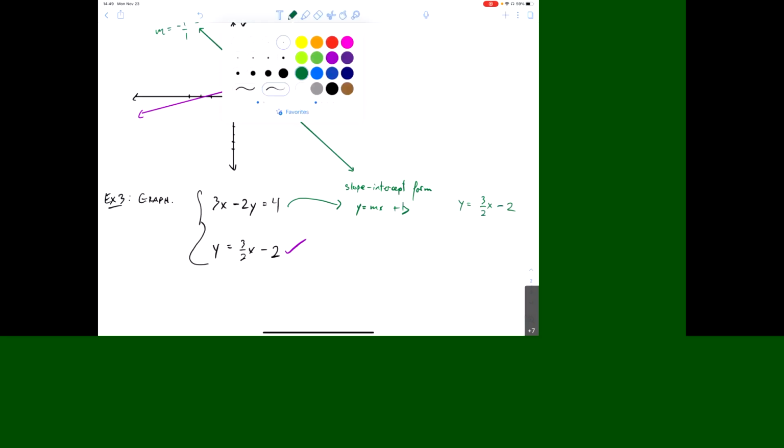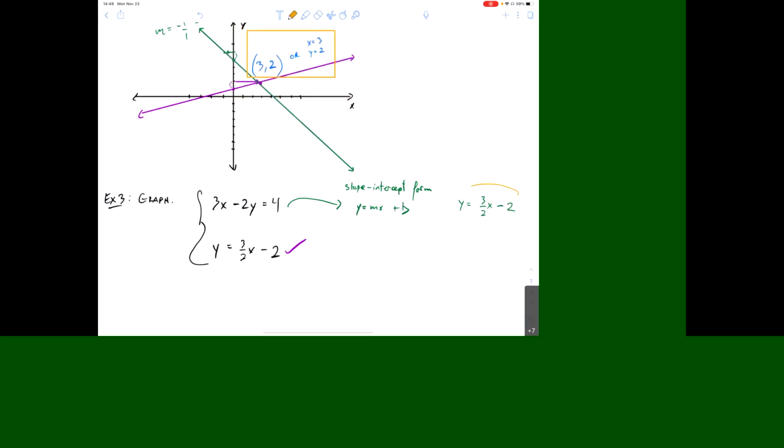What do we notice? That this formula is the same as the other one. Yeah, it's the same as this. So what does that mean? They're the same graph, right?